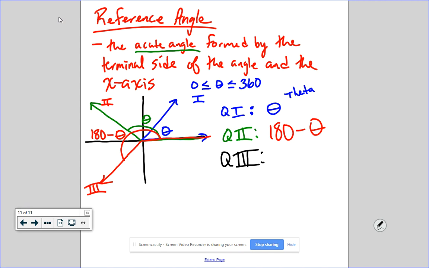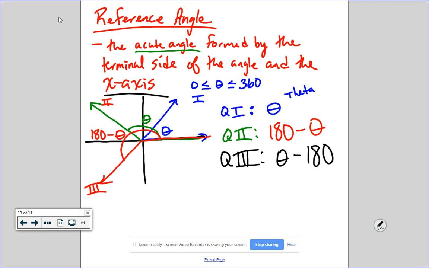But again, I want it formed with the x-axis. So that doesn't work to use 270 because 270 is on the y-axis. So now what we're going to do to find theta in that case, or our reference angle, is take our angle minus 180.